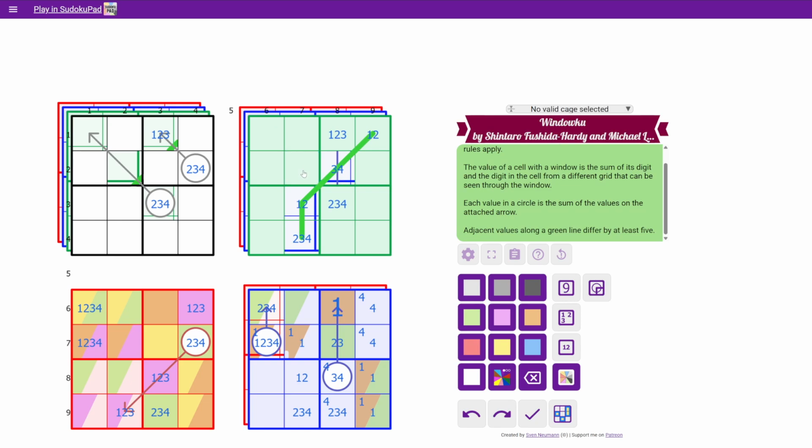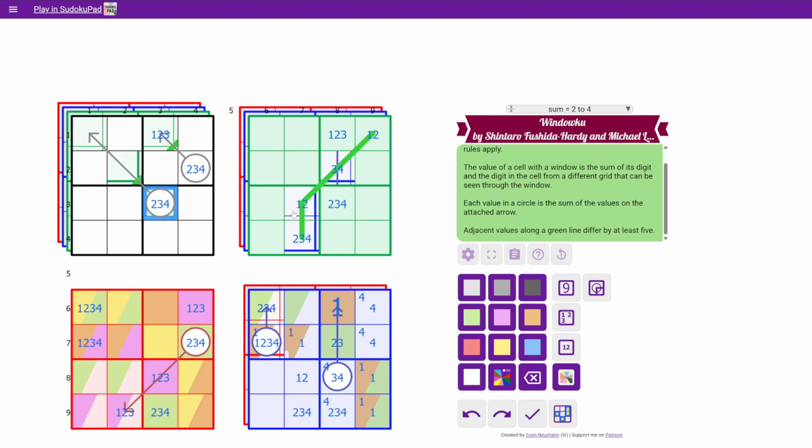Can a 4, even a 4 could go over here though, if it was with a 1. It would have to be with a 1 though, wouldn't it? And if there was a 4 on this diagonal, this would have to be a 1, 2, which seems fine.